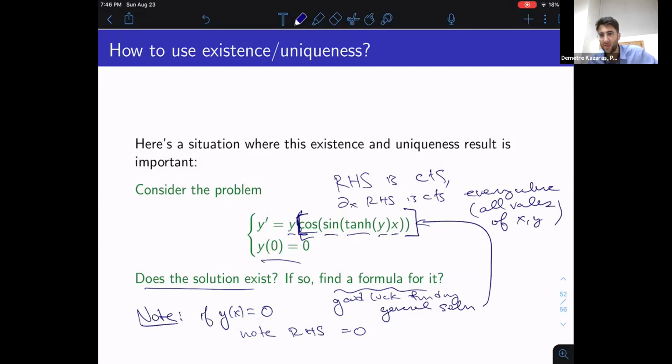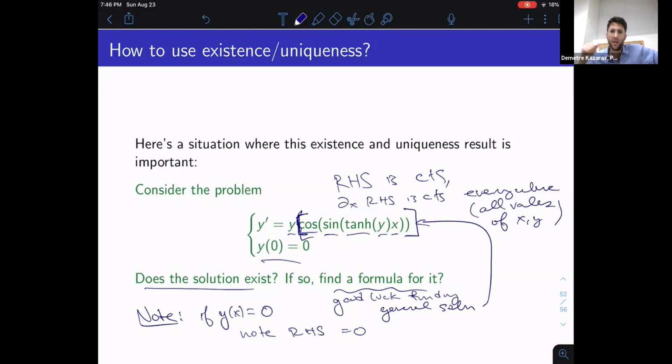It's just a composition of sines and cosines. They all are defined everywhere. They have derivatives everywhere. No issues with any of these functions. No issues with any of their compositions. So just by those abstract properties, the right-hand side is continuous, has no issues whatsoever.